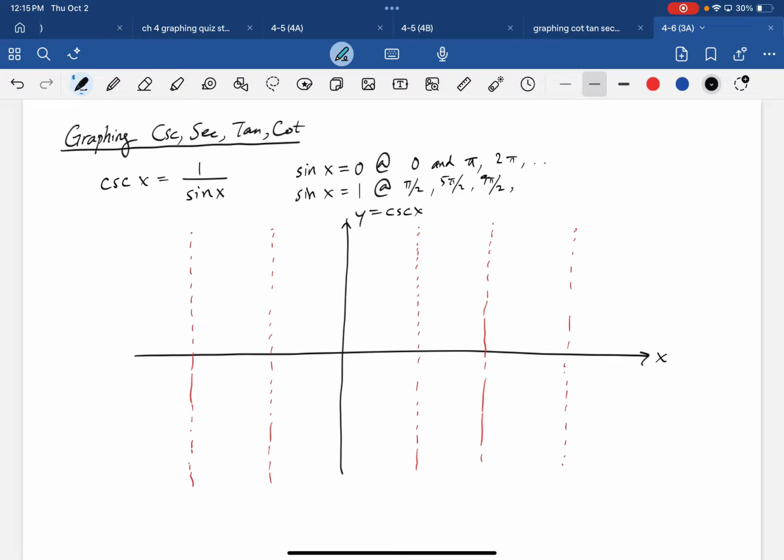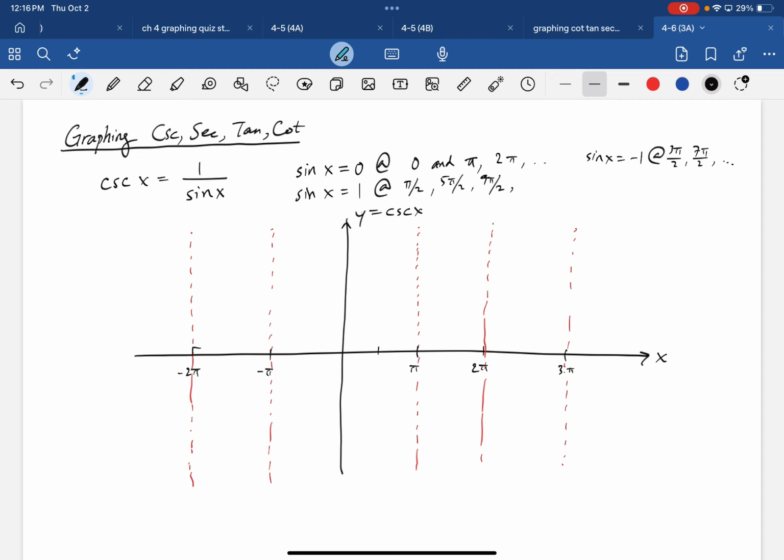And then sine x is going to equal negative 1 at 3 pi over 2, 7 pi over 2. Okay, let me do some tick marks. This is pi, this is 2 pi, this is 3 pi, minus pi, minus 2 pi.